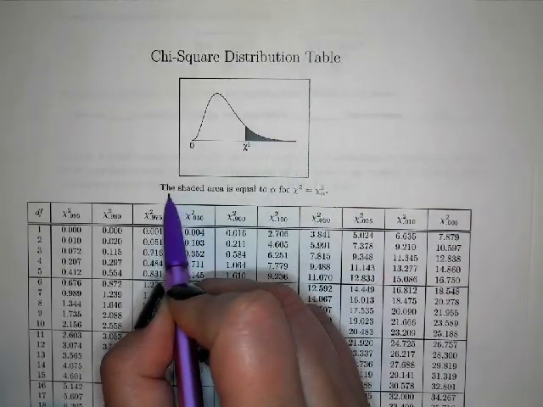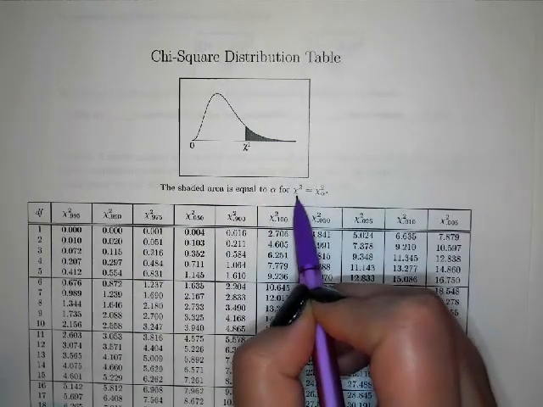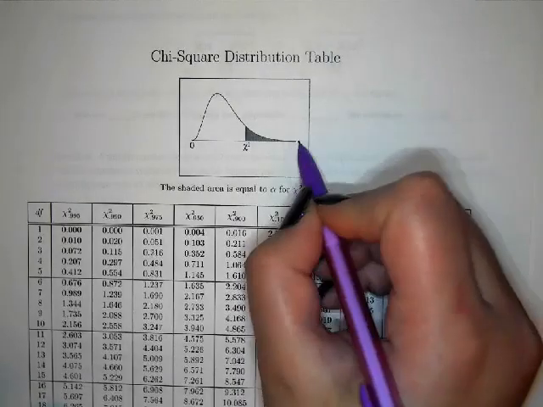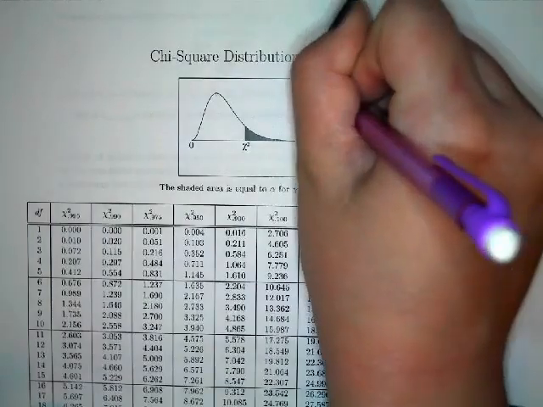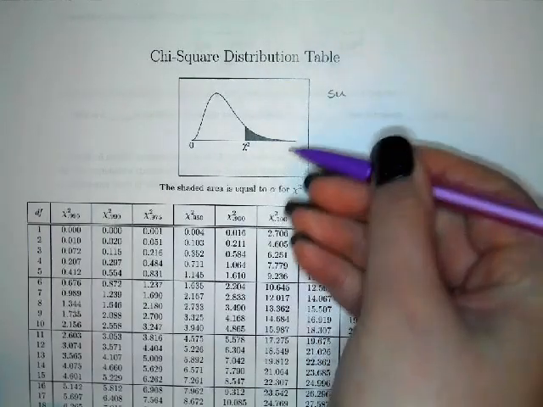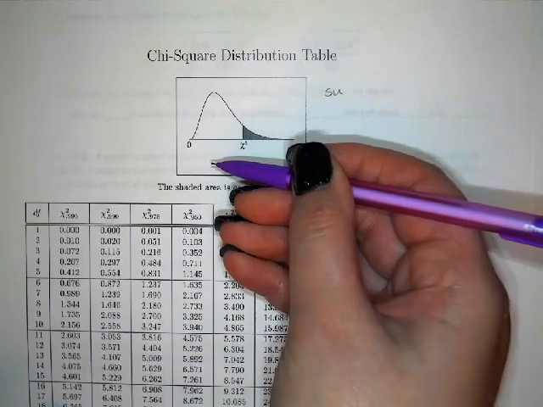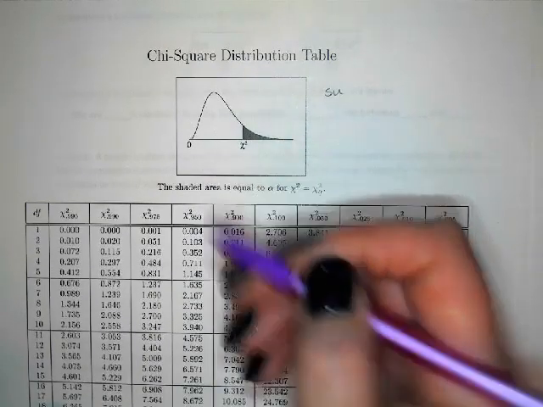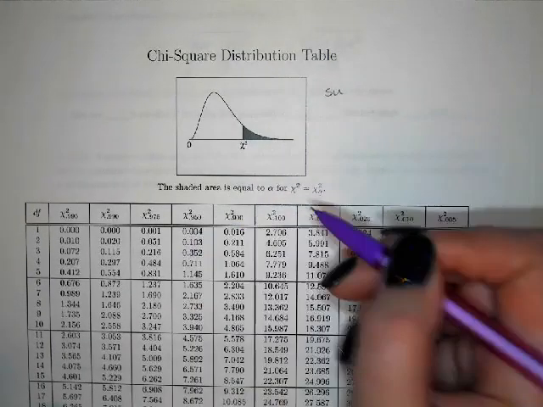It says the shaded area is equal to alpha, where chi-squared is chi-squared sub alpha. So the shaded region, and in this case, the subscripts represent shaded areas that are coming from the right side. So that is different than the standard normal distribution table. When we worked with the standard normal distribution table, the table was represented by shaded regions that were coming from the left.